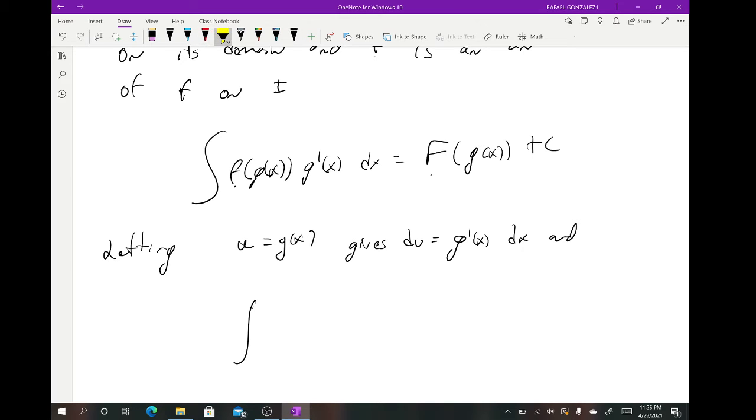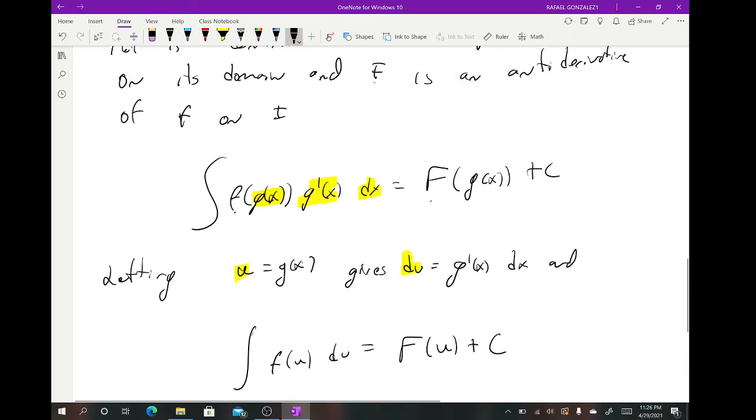Instead of g of x, I'm going to write u, and instead of g prime of x dx, I am going to write du. So what I'm left with is the integral of f of u du being equal to the antiderivative of u plus c. And we'll see what this means shortly.